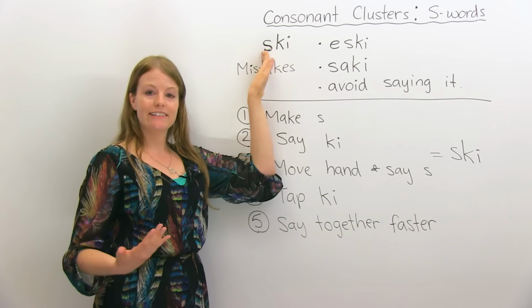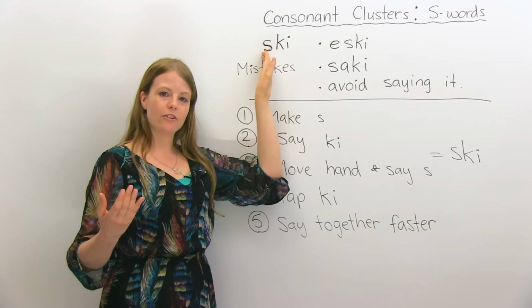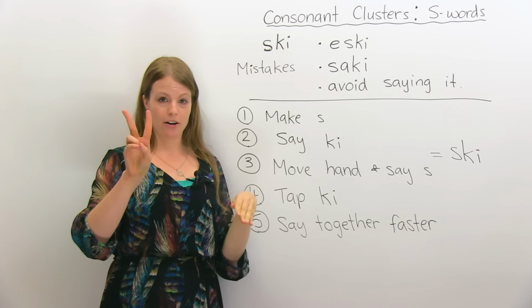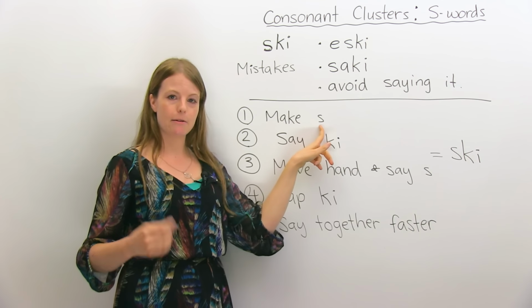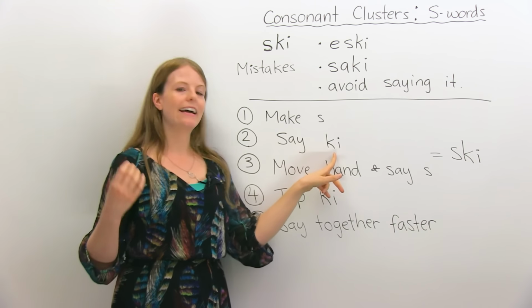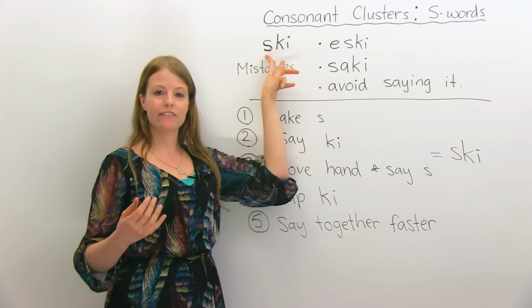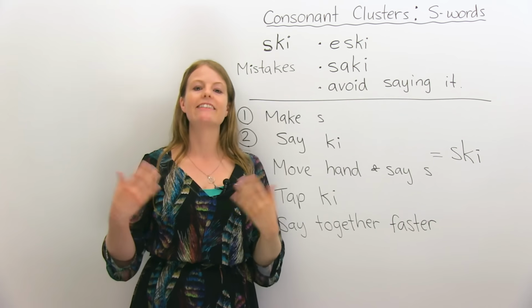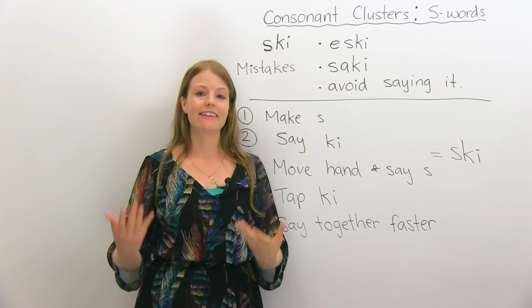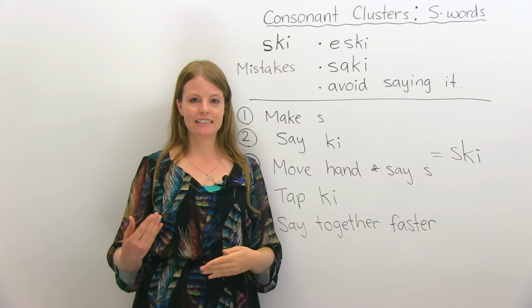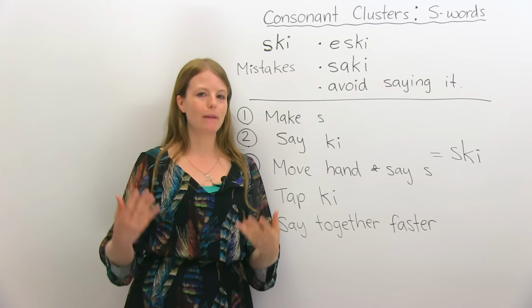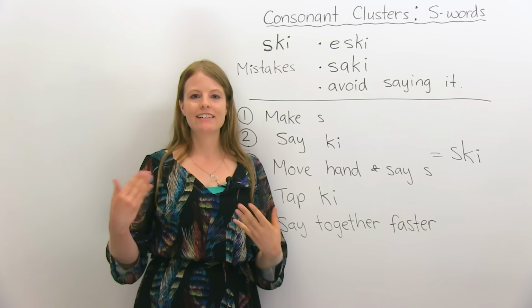So for this word, ski, the first thing we can do is we can break it down into two parts. We have the S part and the ki part. So let's start with the first sound, which is a S sound, like a snake sound. So I want you to make the snake sound with me. S. Okay, so maybe you could do a couple practices of that.